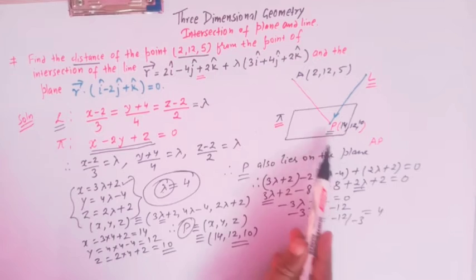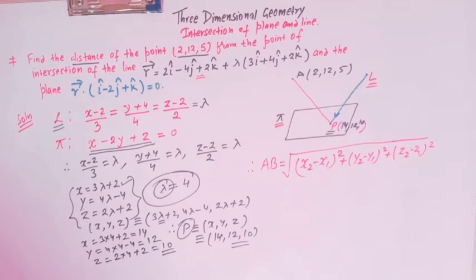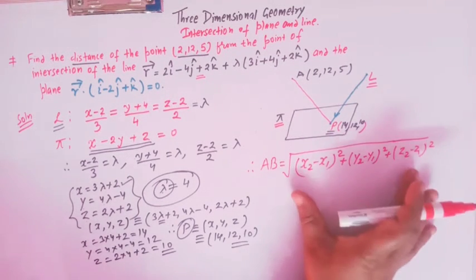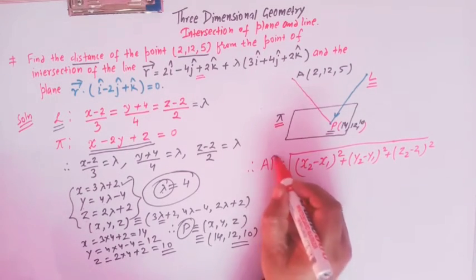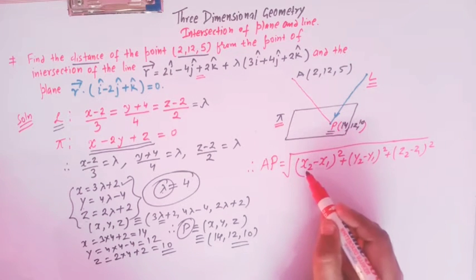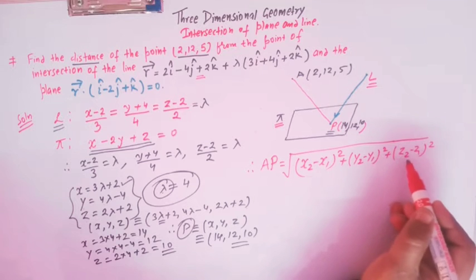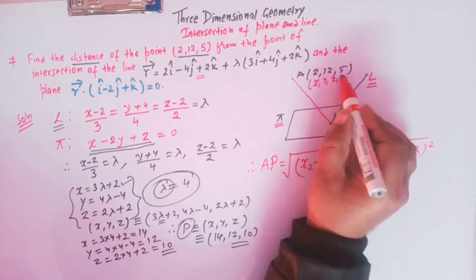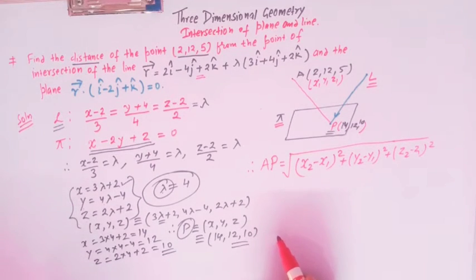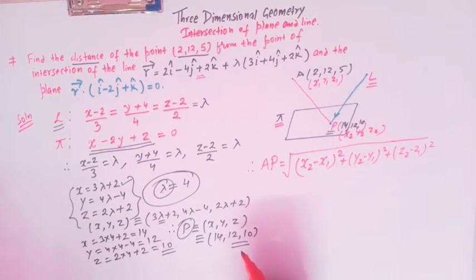Now we can easily find out the distance AP by making use of the distance formula in 3 dimensions. So now viewers, the distance formula is given by this expression. Here we have AP, and AP is the square root of x2 minus x1 square plus y2 minus y1 square plus z2 minus z1 square, and here this point can be taken as x1 y1 and z1, and this point can be taken as x2 y2 and z2, right?